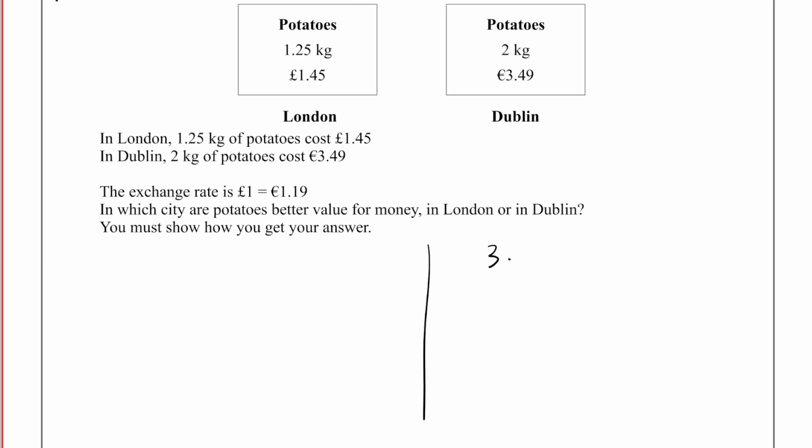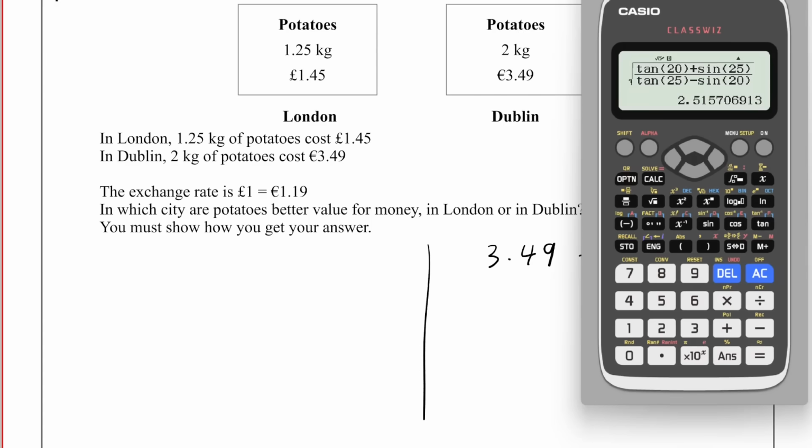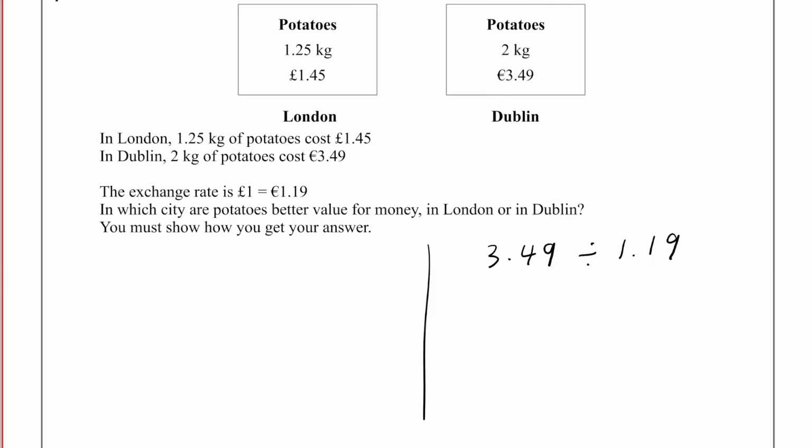I'm going to change them into pounds. So divide by 1.19. We get £2.93. So we know that potatoes in Dublin, it's 2 kilograms for £2.93.